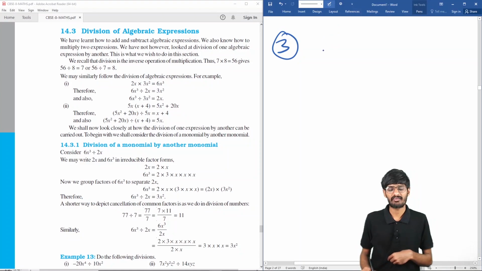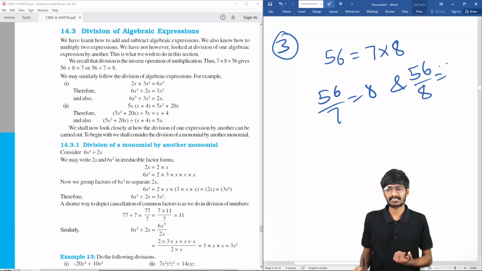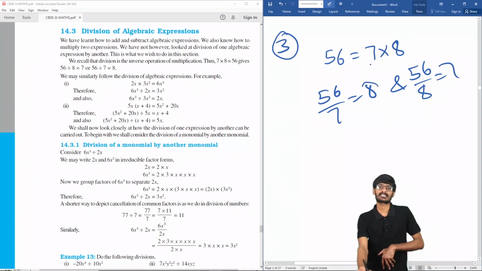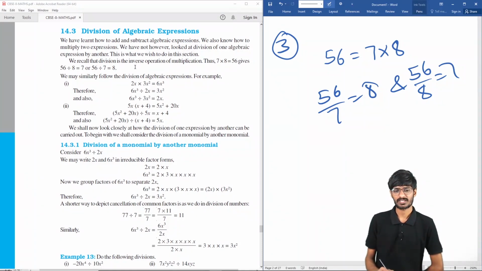Suppose you have 56, we write it as 7 into 8, and if you divide 56 by 7, you will get 8, and if you divide 56 by 8, you will get 7. So if you know the factors, you can easily do the division. That's why you have learnt about factors for algebraic expressions.